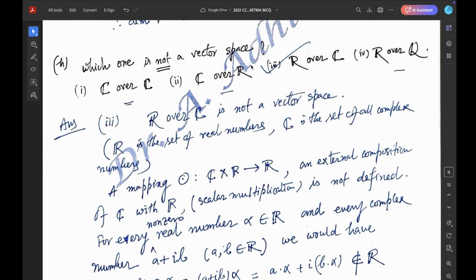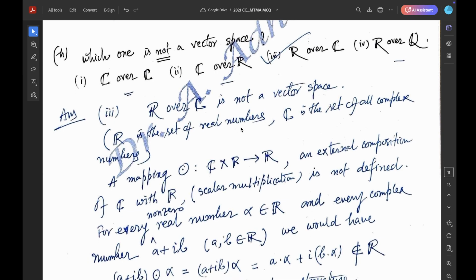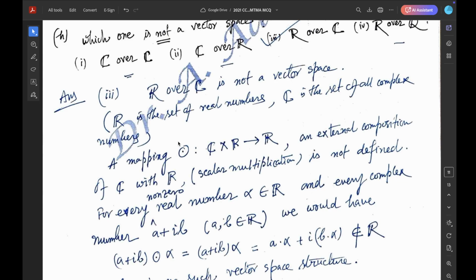This R over C is not a vector space because R is the set of real numbers and C is the set of all complex numbers. The mapping from C cross R to R, the external composition of C with R, that is scalar multiplication, is not defined.